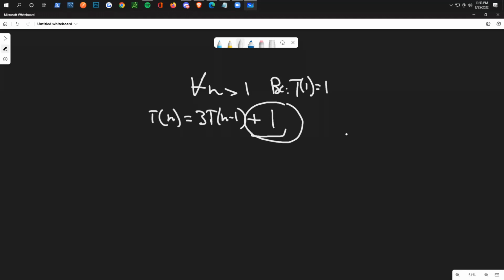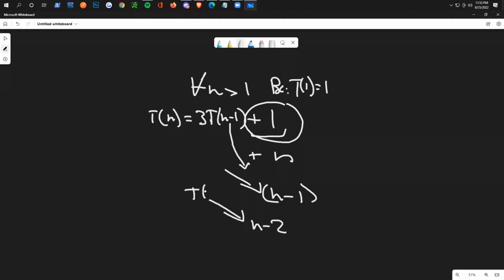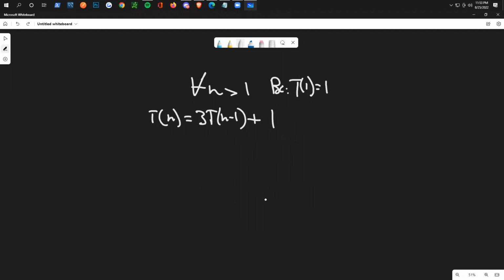Because sometimes if this was, for example, plus n, then in the next recursive call we would end up doing n minus 1 right here, and in the next recursive call n minus 2, because we would have something like t of n minus 2, etc. But in this case, we're not going to end up doing that. We have a constant, so this is how we're going to go about it.